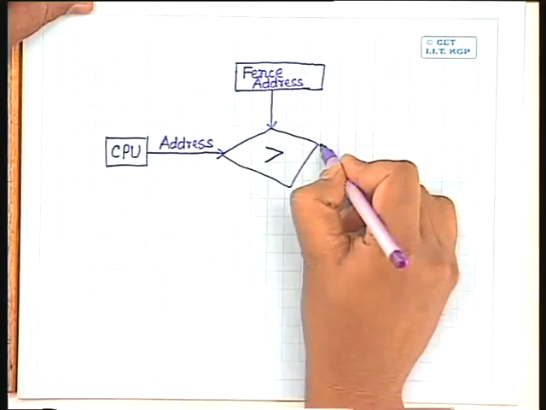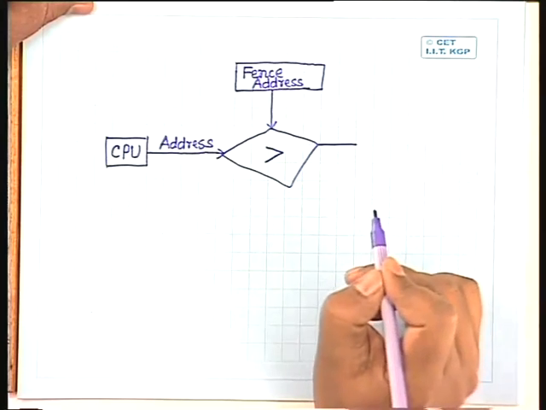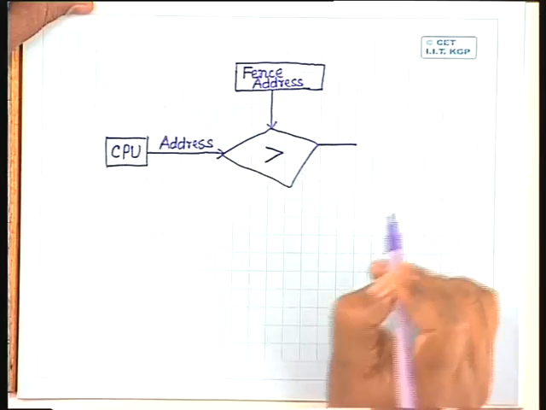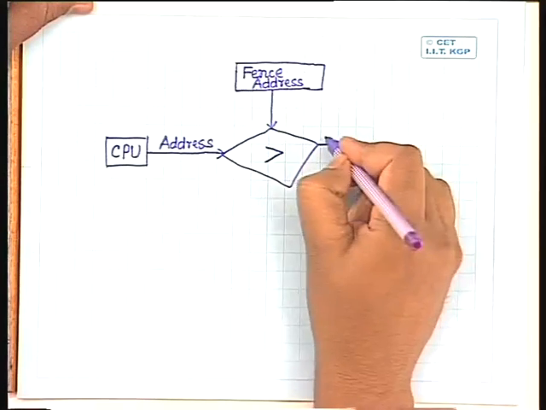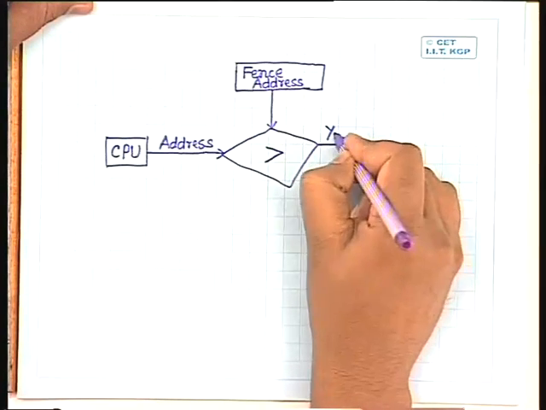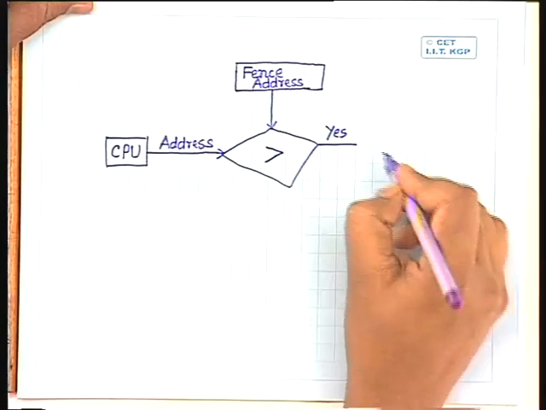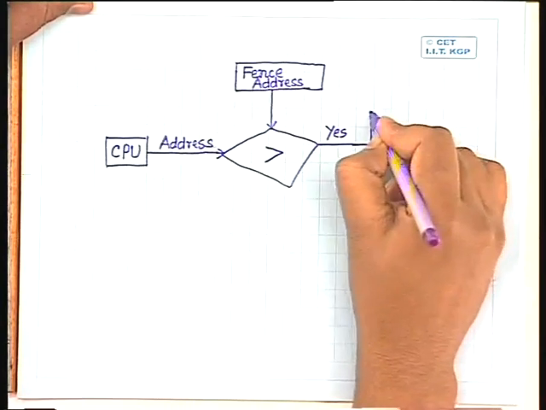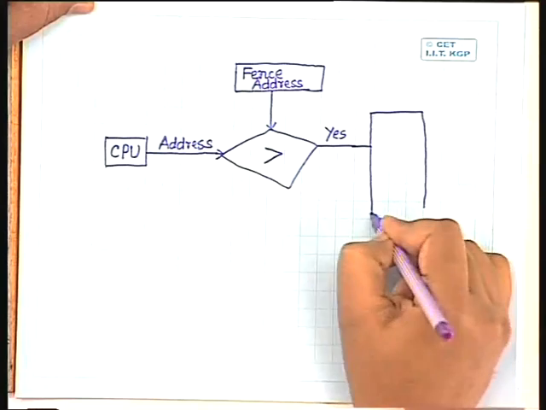If it is greater than the fence address, then I know that the user program is trying to access the user area only. In that case, the address is a valid address and the user program will be permitted to access the memory.